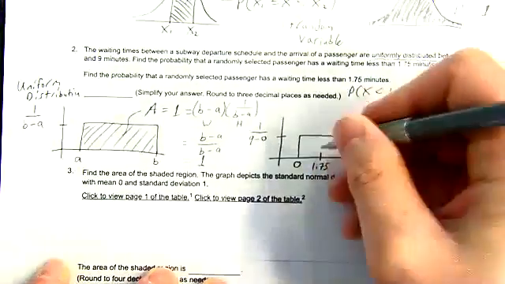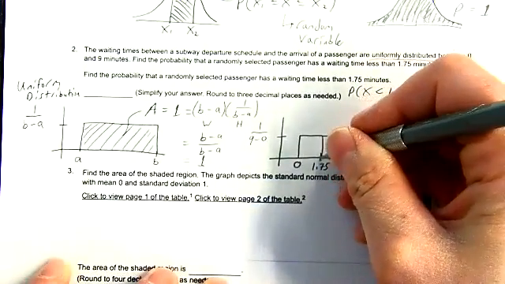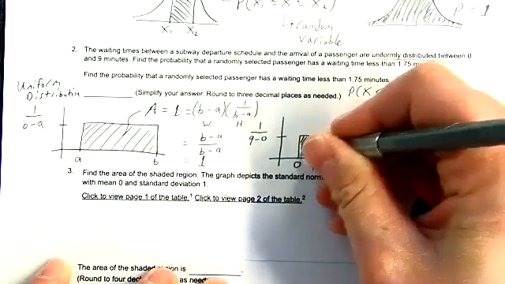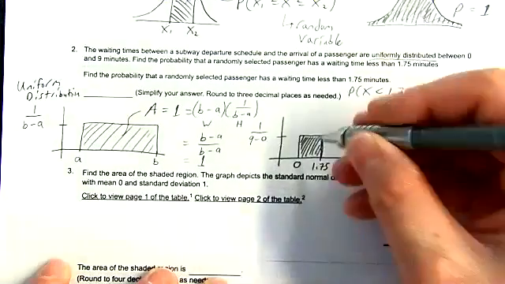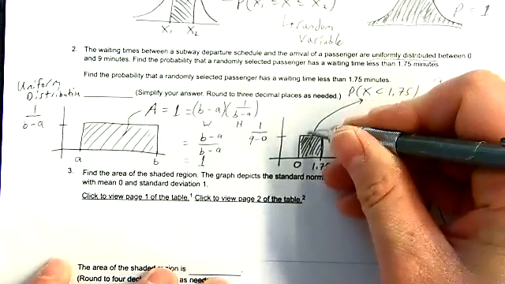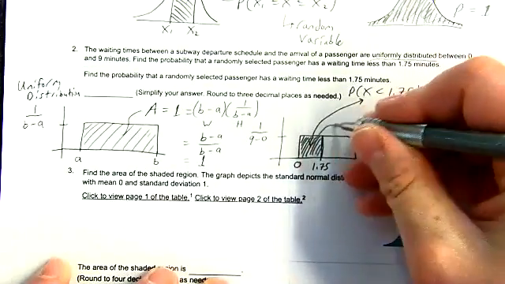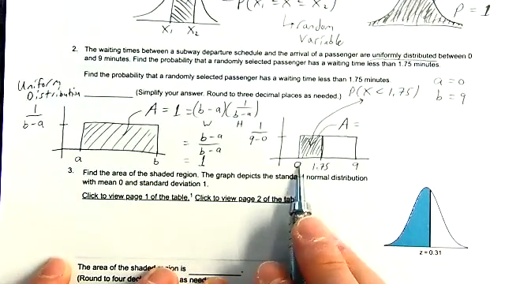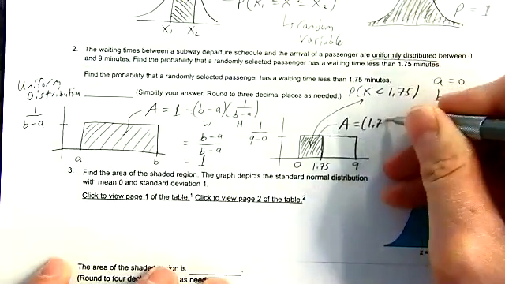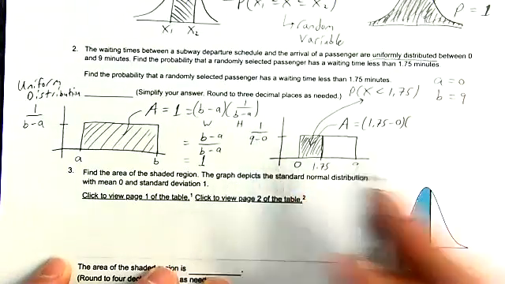So the area we want is anything less than 1.75. So it's this area right here. This area is the same as this probability. So how do we calculate this area? This area would be the width, which is 1.75 minus 0, times the height, which is 1 over 9.